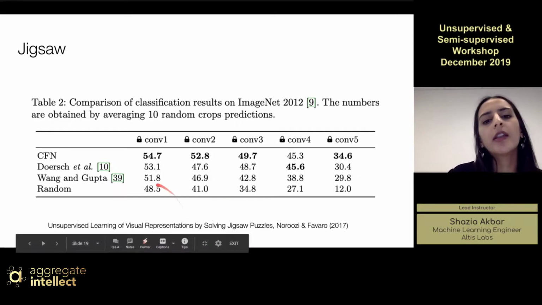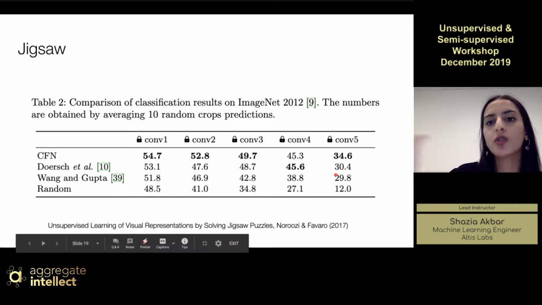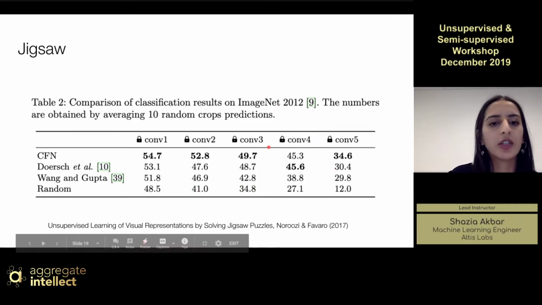So here, they did a really interesting experiment where they froze all the layers apart from one convolutional layer to really test out the features that were learned in each convolutional layer. And they found that on each convolutional layer, it performed fairly well, actually, if we froze all of the layers except one and then just used it for ImageNet classification here.